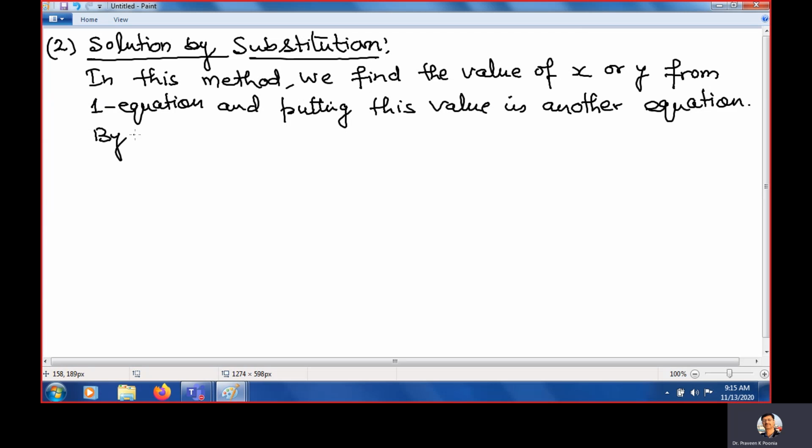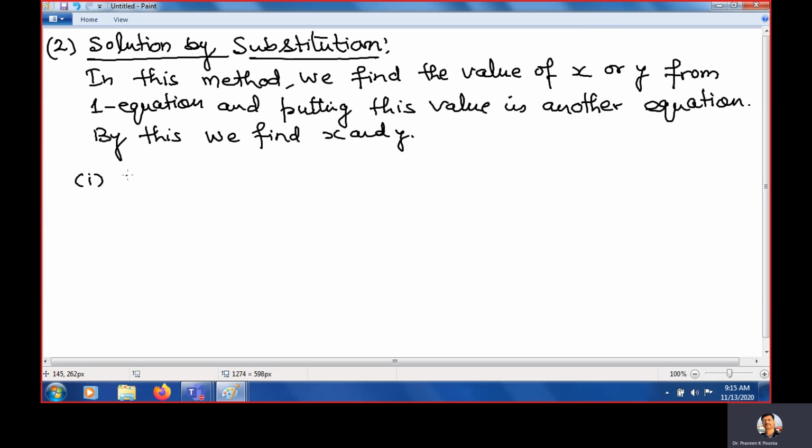By this we find x and y. Clear? So the method is very simple. It is not a very difficult approach, but you need to search for the number where we can directly find the x or y. Clear? So we will solve question number 1.